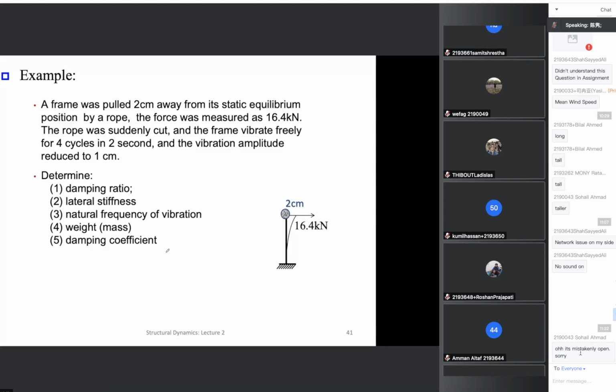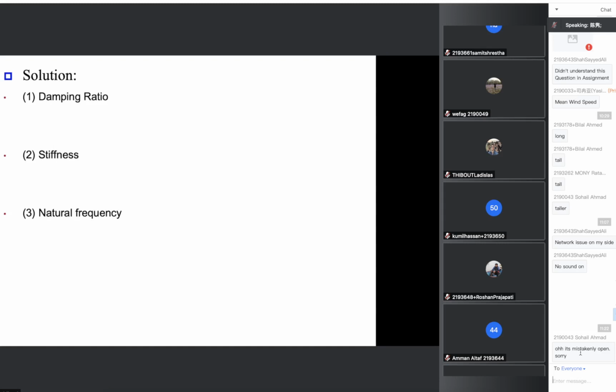So you need to use these measurements. Because of the time, I will not ask you to do this. Let's do this together. First, damping ratio.